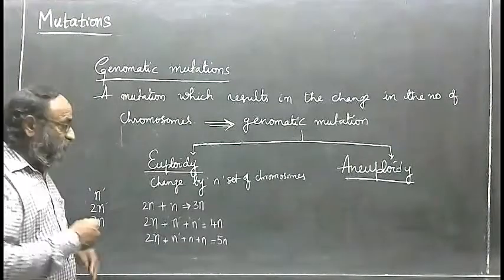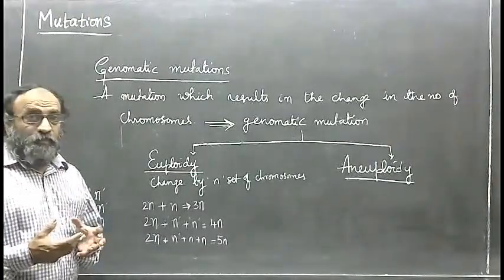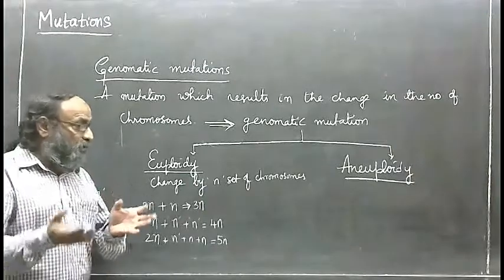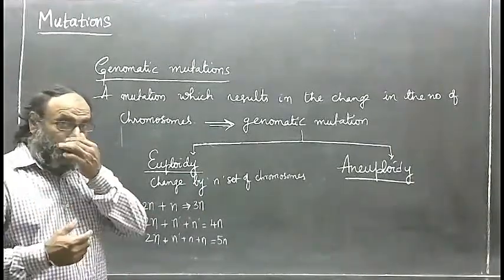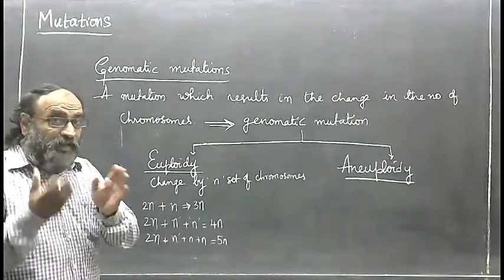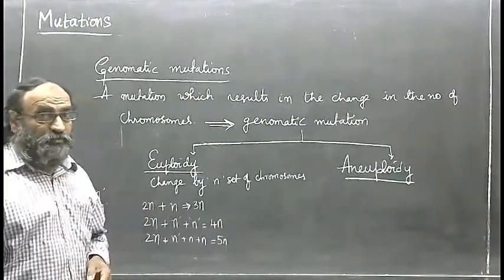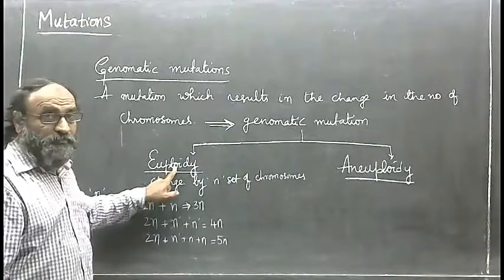That means the change in the number of chromosomes, that is a 2n set of chromosomes, by n set of chromosomes is euploidy.